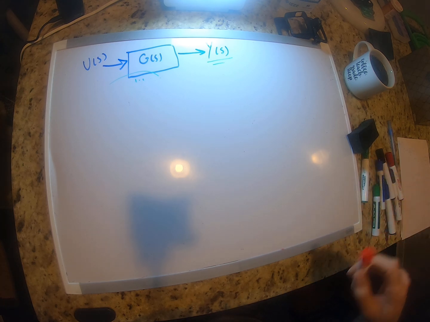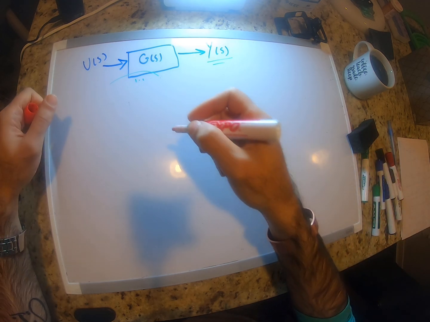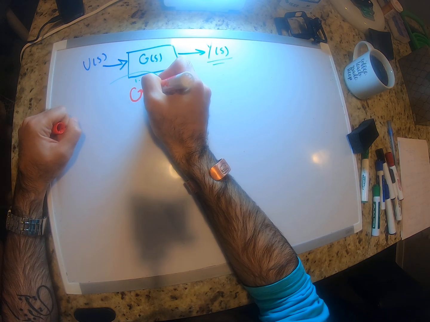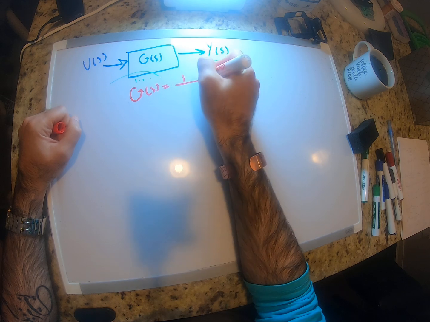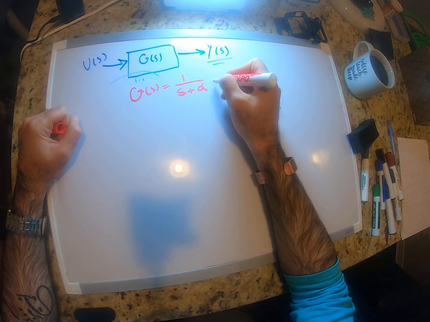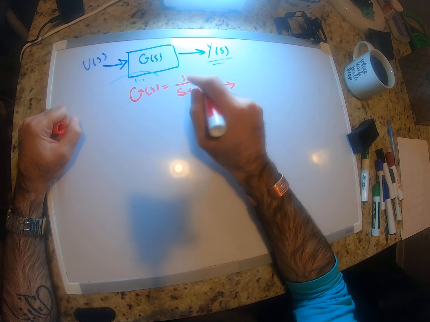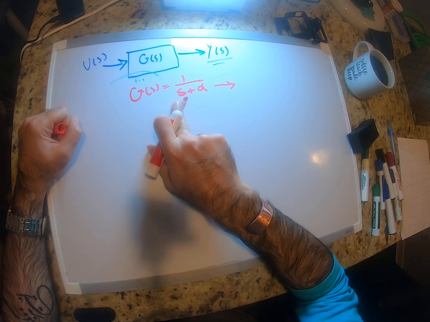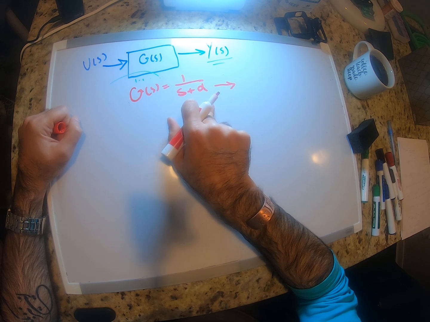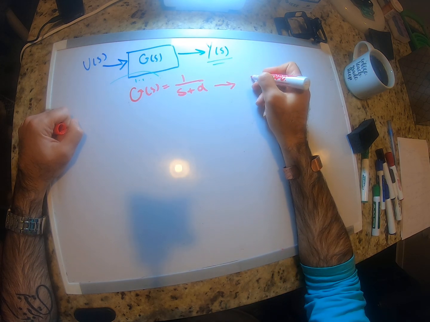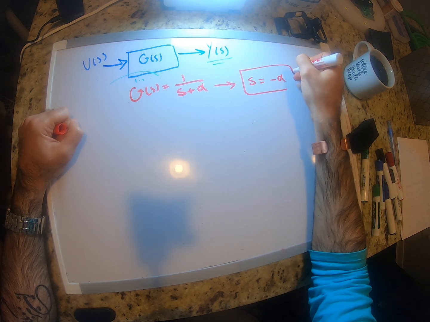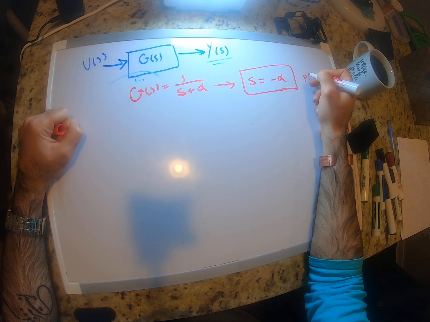So let's look at a very simple case where g of s, the transfer function, is 1 over s plus alpha, right? The poles of a transfer function are the values of s which make the denominator equal to 0. So for this case, s equal to negative alpha is the pole of the system.